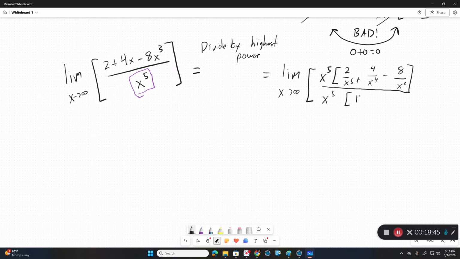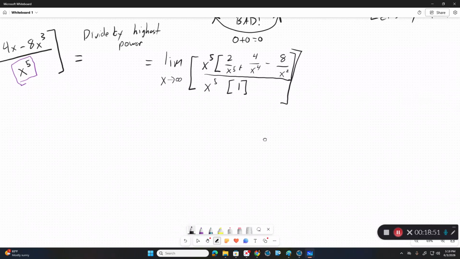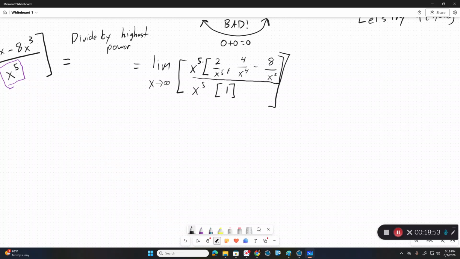What am I going to be left with? Just 1. So, pulling that out, and again, why do I pull out that power of x? Because I know in a limit I can cancel these terms. And now I'm going to spread it out.